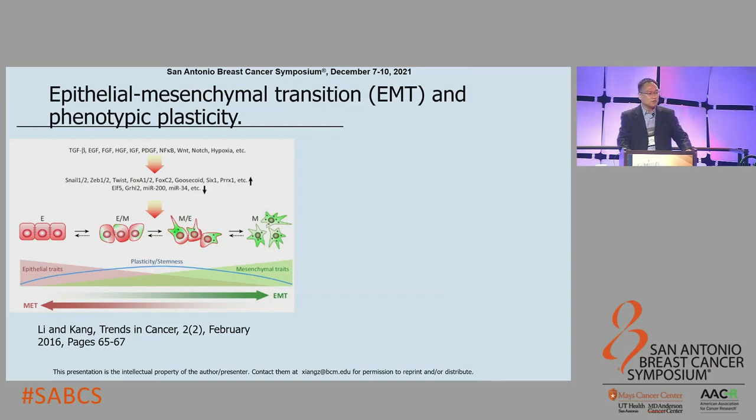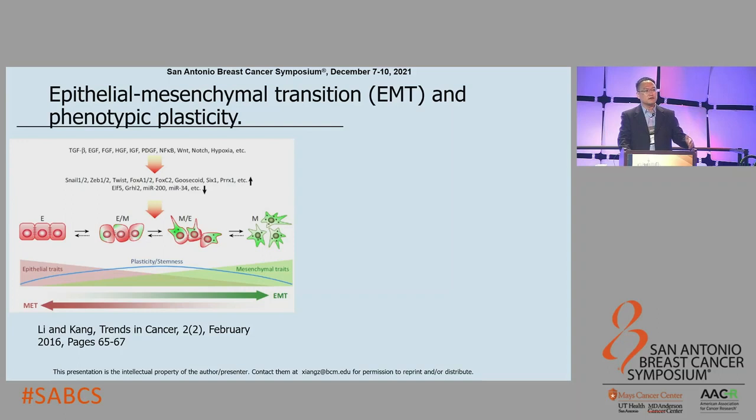EMT refers to the process of cancer cells losing epithelial traits and gaining mesenchymal traits. And this has been thought essential for metastasis, as the mesenchymal traits render cancer cells migratory and stem-like. And Dr. Yibing Kang has written a nice review several years ago summarizing the pathways that can activate EMT.